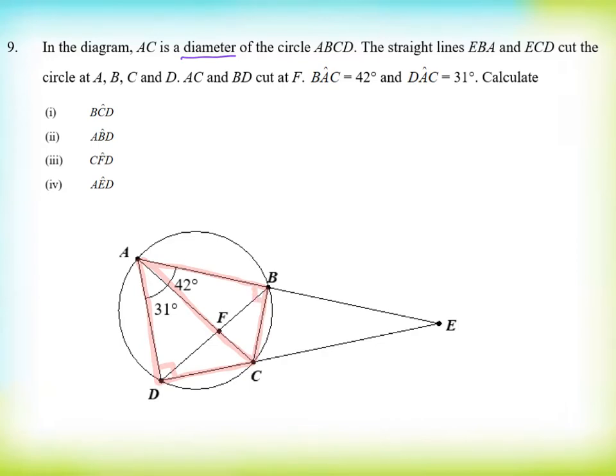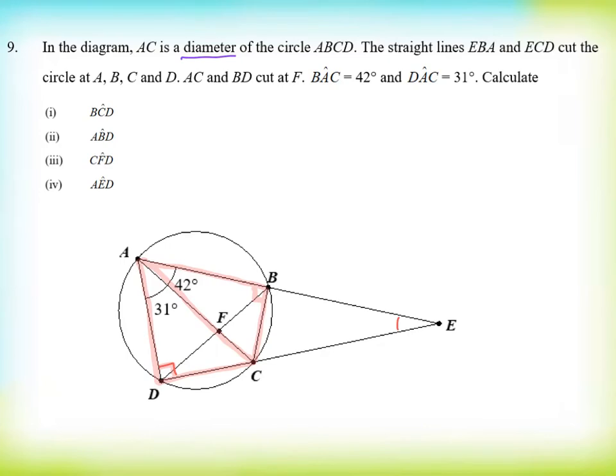Next, they tell us that we have straight lines cutting the circle. So I can actually see a big triangle ADE, right? And I know that AD is already 90 degrees.